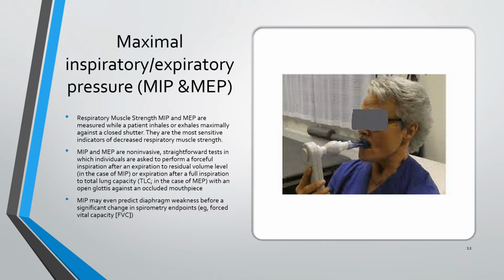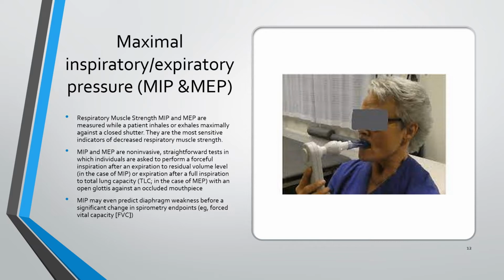These are great tests to determine if there's any kind of decrease in respiratory muscle strength. Some of the key factors here, which is really kind of cool, is the fact that the MIP is a great predictor of diaphragm weakness before you see any kind of spirometry changes.